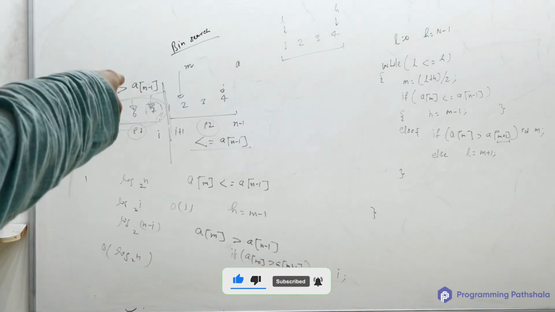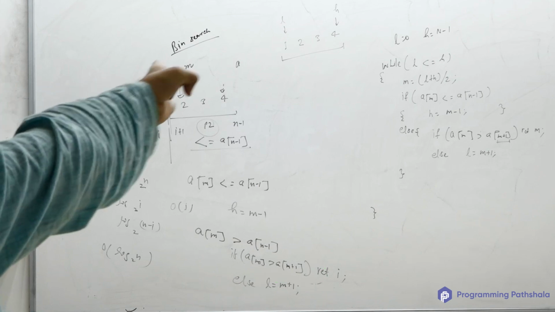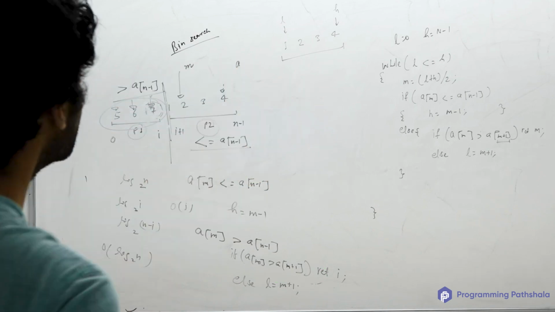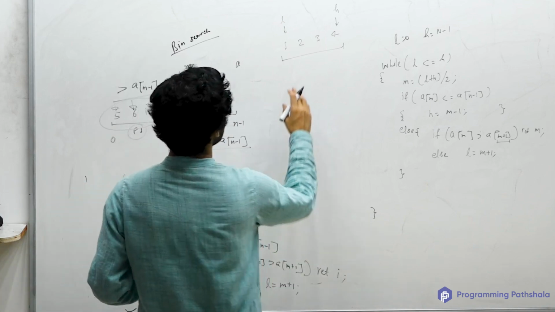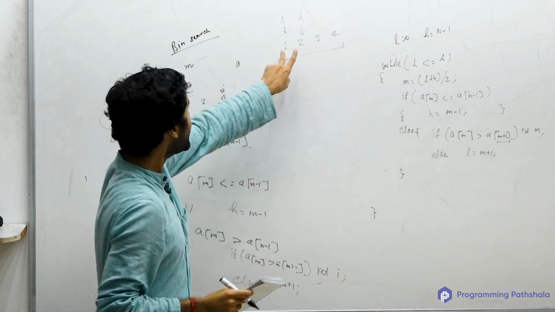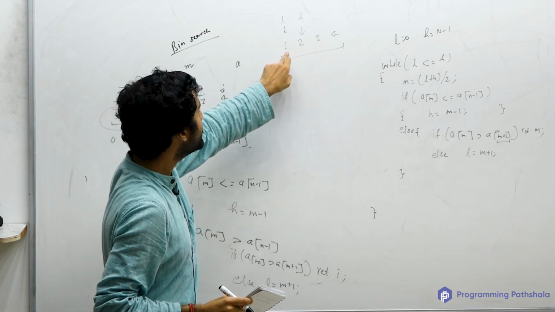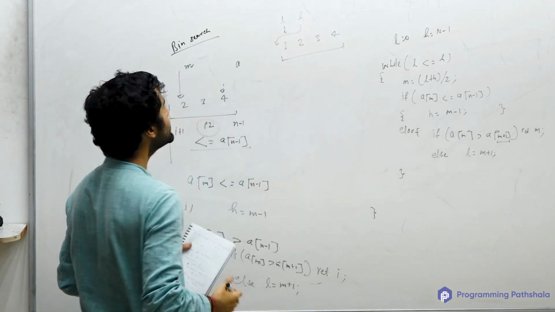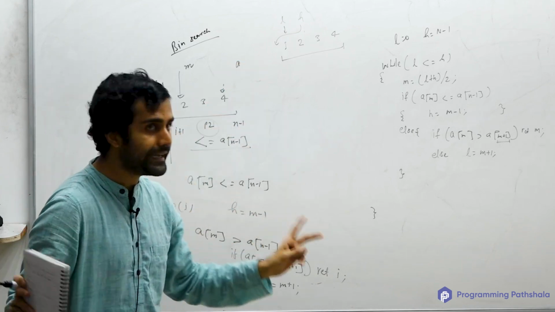Because whatever mid you will get, you will see that A[mid] will be smaller than or equal to A[n-1]. So high will change and come over here. Then again, you will find that the mid is here, so now your high will come over here. And this is how you will basically terminate.